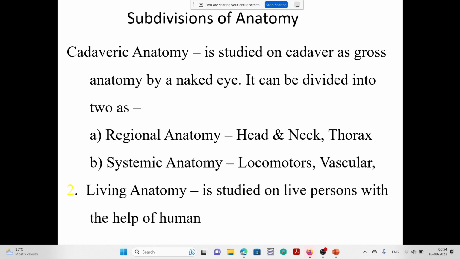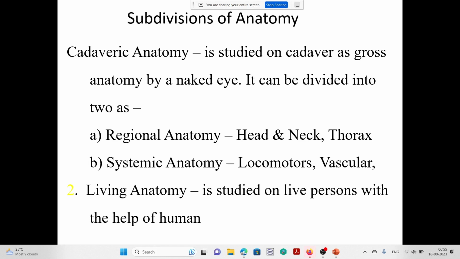If you know the functions of the lungs, then I can identify any abnormality in the lungs function. If I have perfect knowledge of the function of the liver, then I can identify any abnormality in the liver function by its changes of function. So that is why living anatomy is also one of the important points, and the living functional concept mainly helps. So that is usually called living anatomy.